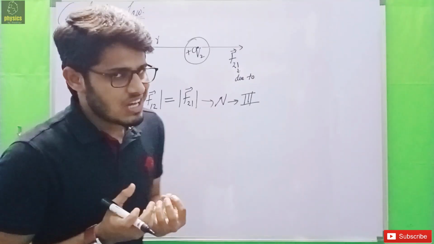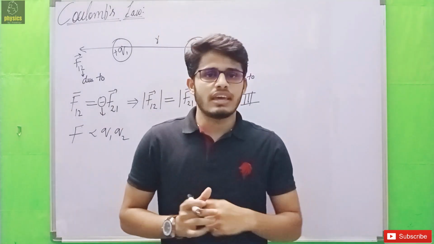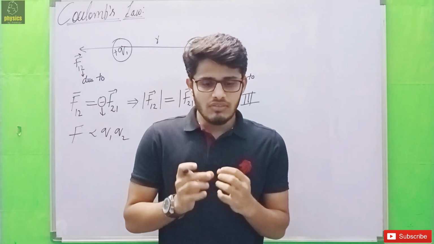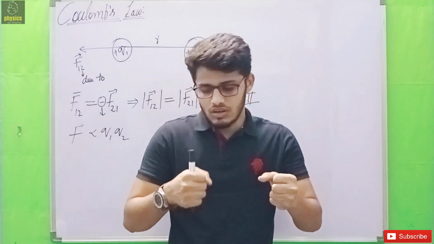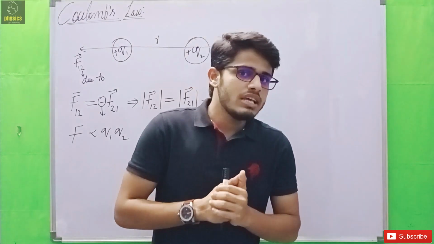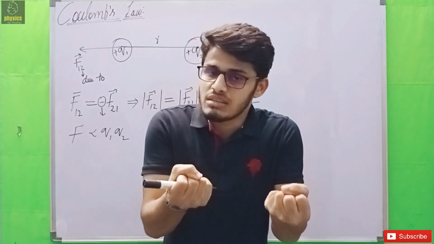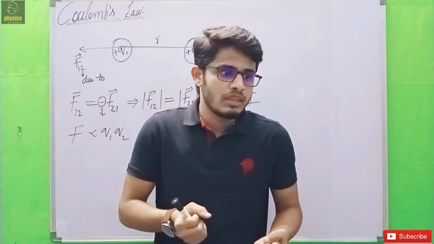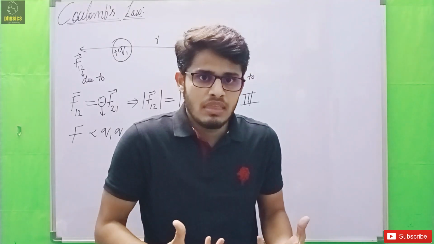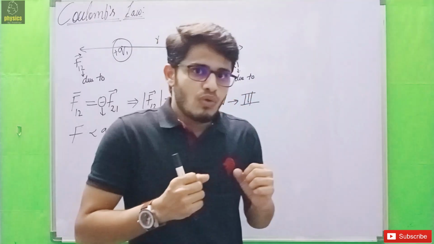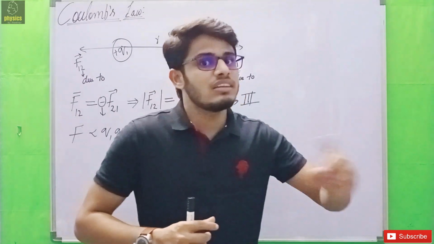The amount of charge present in the particle will increase the amount of force exerted. If the particles have more charge in them, they will exert more force on the other particle.